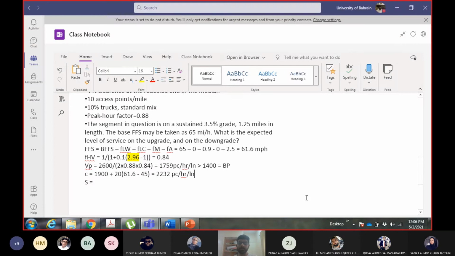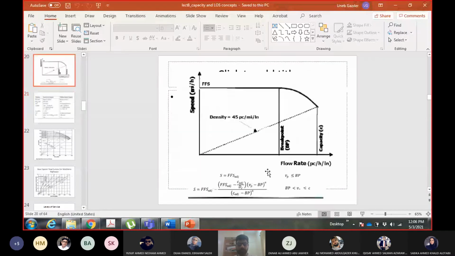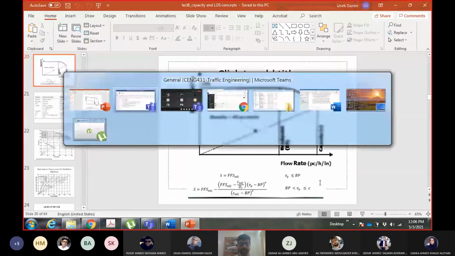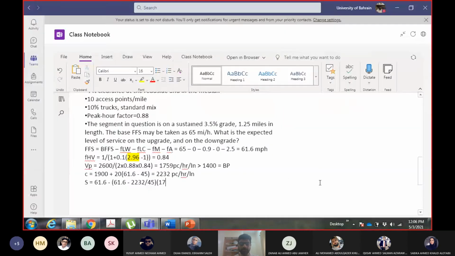Okay, so let me calculate the speed here. 61.6 minus capacity, which is 2232, divided by density, which is 45, multiplied by VP, which is 1759, minus BP 1400, to the power A, which is 1.31.